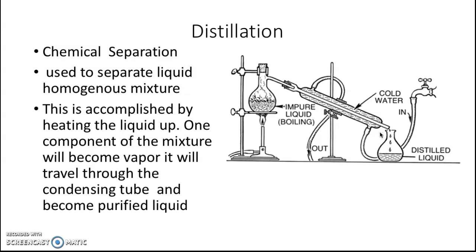You're going to start boiling them. One of them is going to reach its boiling point, at which it becomes a vapor. Once it becomes a vapor, it's going to go through the condensing tube, recondense itself into liquid particles, and then collect itself into a purified version.